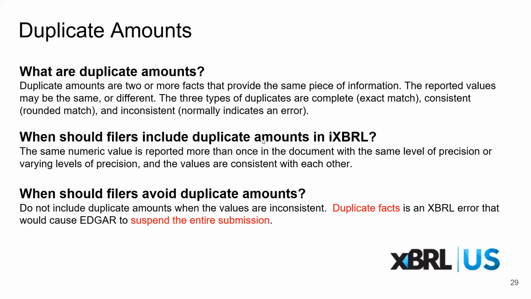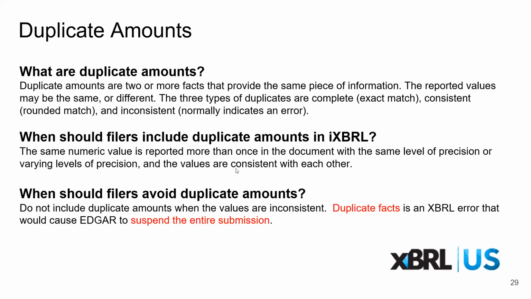And there are three types. It could be a complete duplicate, meaning you have disclosed a value in more than one location in your document, and they are exactly the same. There's also the concept of a consistent duplicate, which means they might not be displayed identically, but they are rounded to a consistent value. And then you have an inconsistent duplicate, which would essentially be an XBRL error.